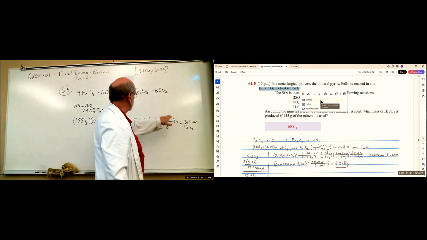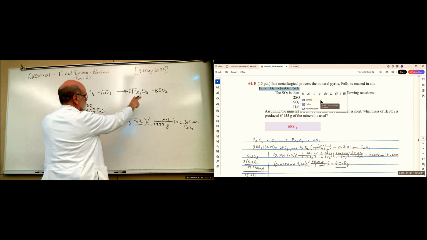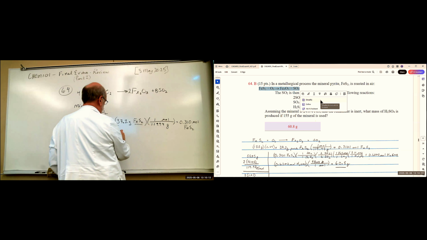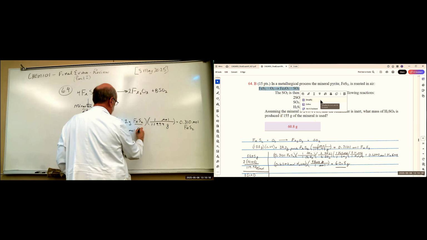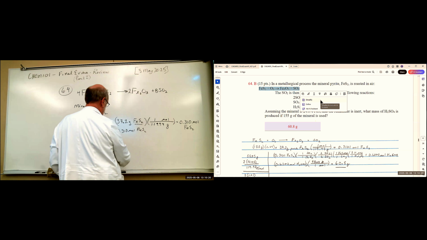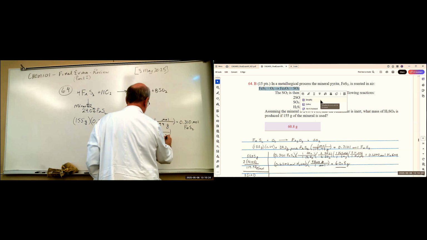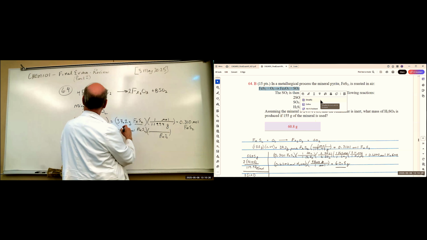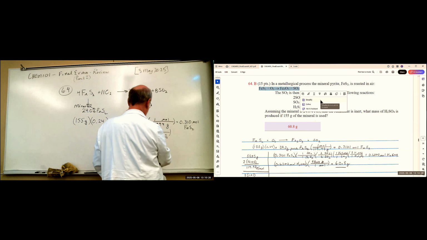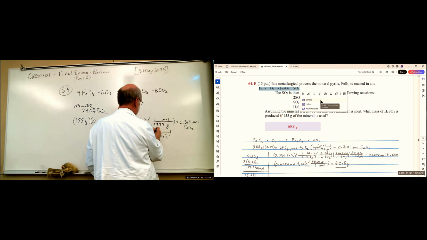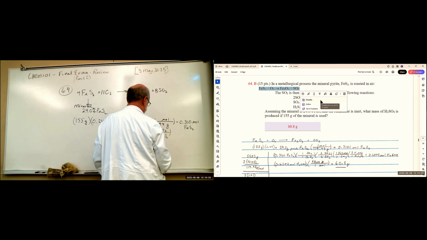This is how many moles of that we started with. How many moles of SO2 do we have? 0.310 moles of FeS2. And then we're going to convert that to, let's see, 4 here and 8 SO2.